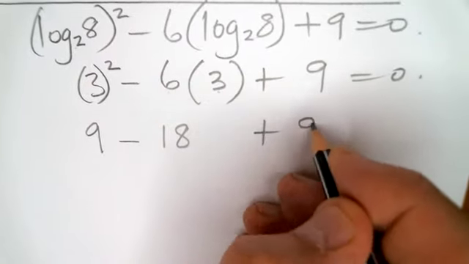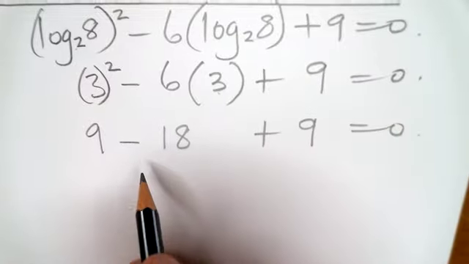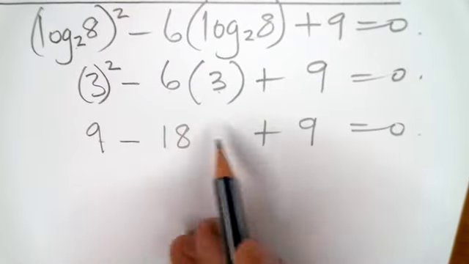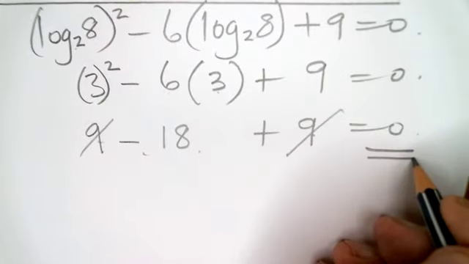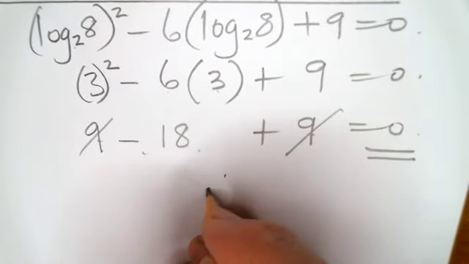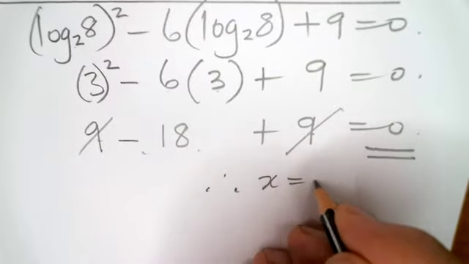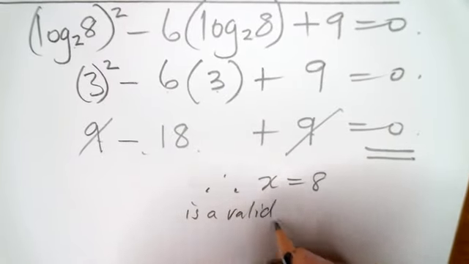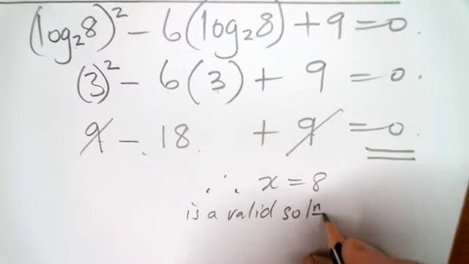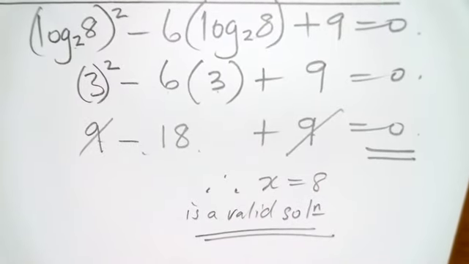We've got a plus 9 over here. Let's check it. Well, we've got a 9 and a 9 is 18, minus an 18 is in fact 0. Therefore, we can say x equals 8 is a valid solution. Hopefully that makes sense, folks.